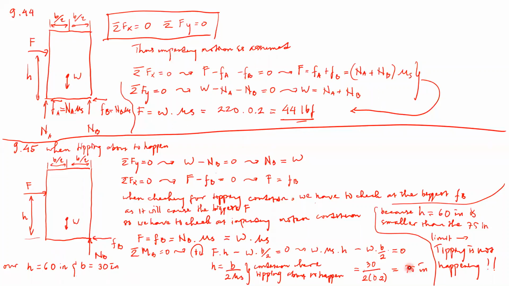Less. So the actual condition is less than the limiting condition, which means that tipping is not happening, because in order for tipping to happen, it has to be bigger than 75 inches. Okay, get it? Good.